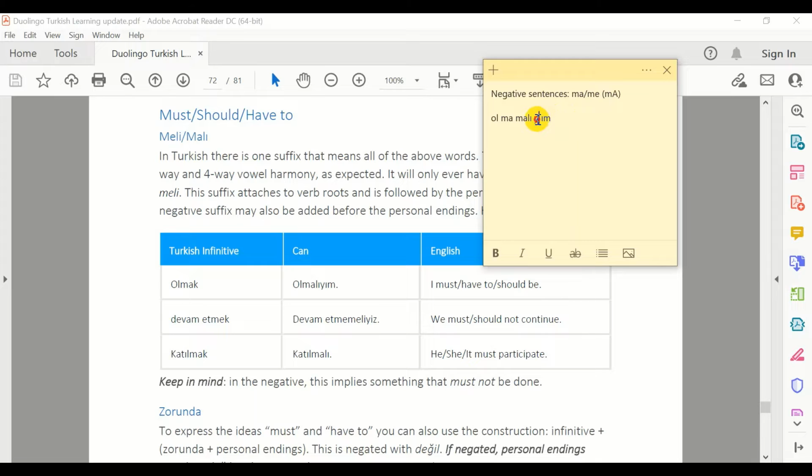This letter only separates the two vowel letters. That is all. So with negative sentences, it's a general rule that you should know.